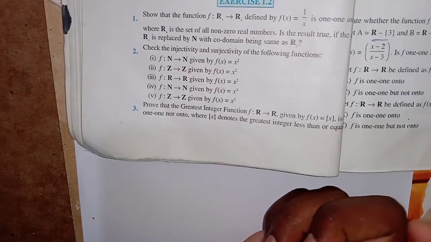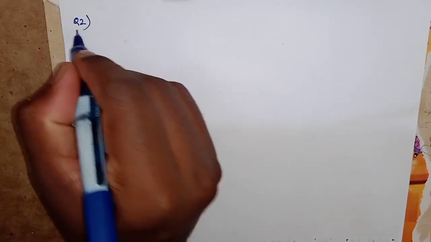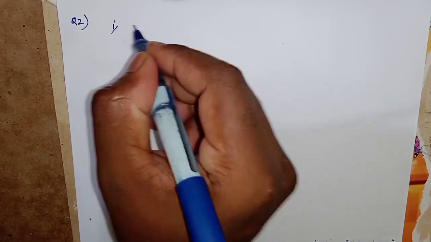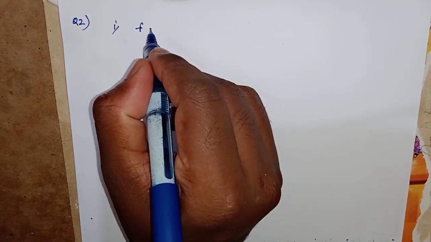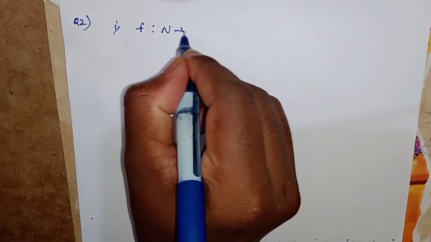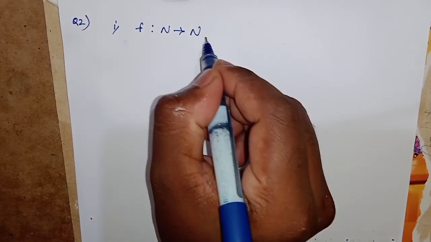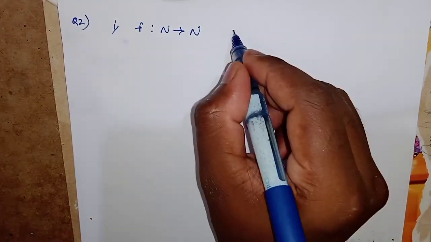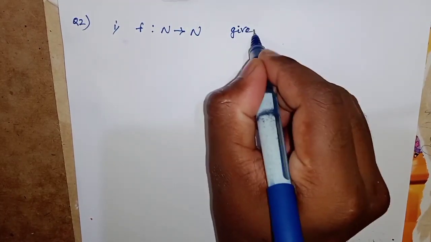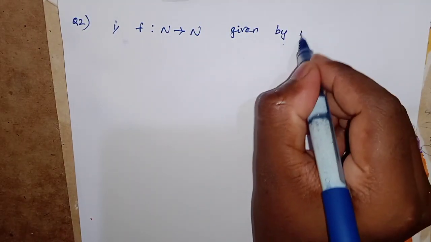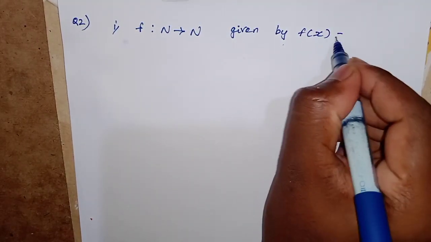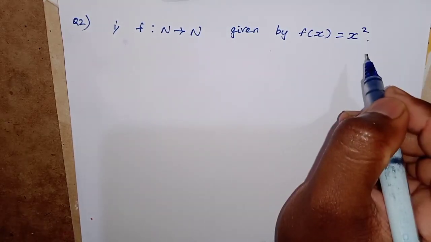First subdivision, question number 2, first one: function f from N to N given by f of x equal to x square.